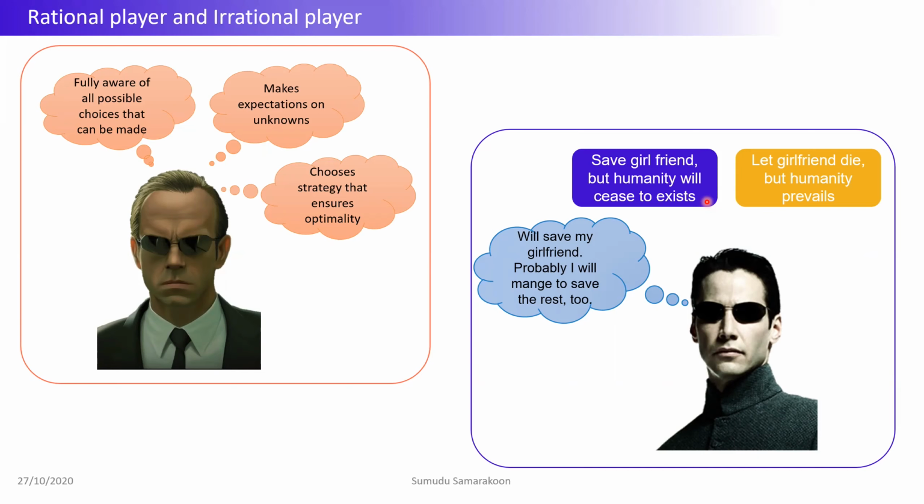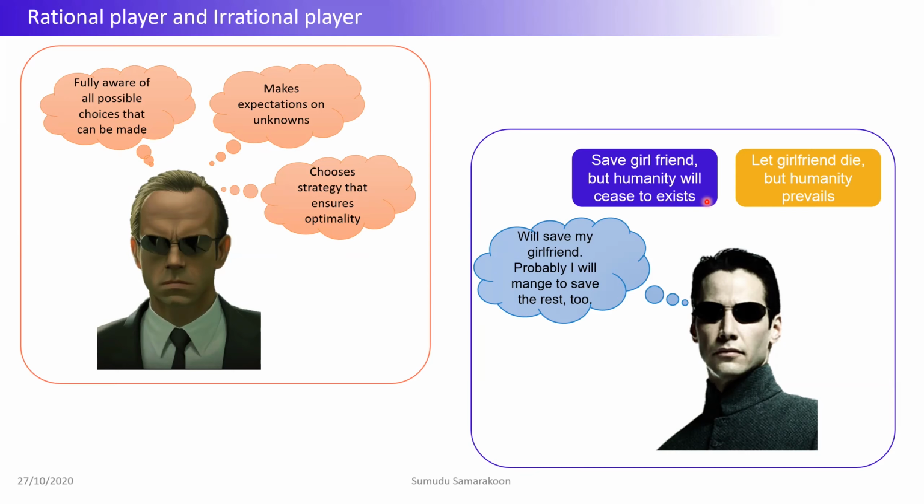The other option was to let his girlfriend die, and he could help to build up humanity. The ideal solution for a rational player would be to weigh what the payoff is for saving the girlfriend, and what the payoff is for letting her die and saving humanity, and depending on that, pick the best. But in his case, Neo decided to save the girlfriend, thinking probably he could save humanity later on.